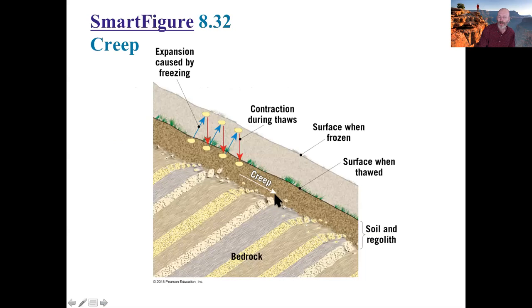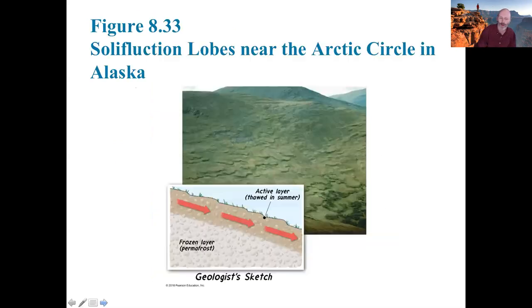What is happening is we have our regular bedrock and a layer on top of the bedrock that's moving a little bit due to expansions and contractions during our freezing and thawing periods. So things will move and shift very slowly over the seasons.